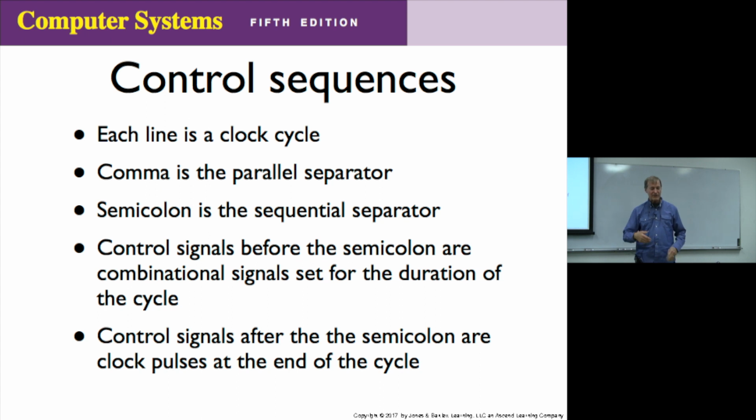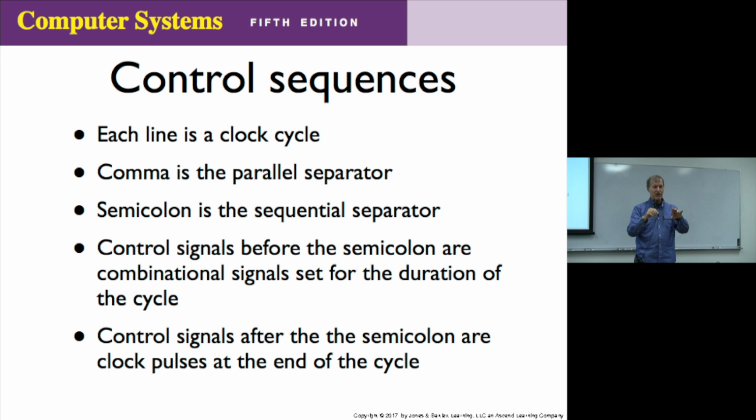All right, now this next sequence of slides we can go through pretty quickly because we already demoed what we're saying here. Each line, as you saw when we wrote the code, is a clock cycle. Comma is the parallel separator, semicolon is the sequential separator. Remember we had the clock pulses at the end. Control signals before the semicolon are combinational signals set for the duration of the cycle.